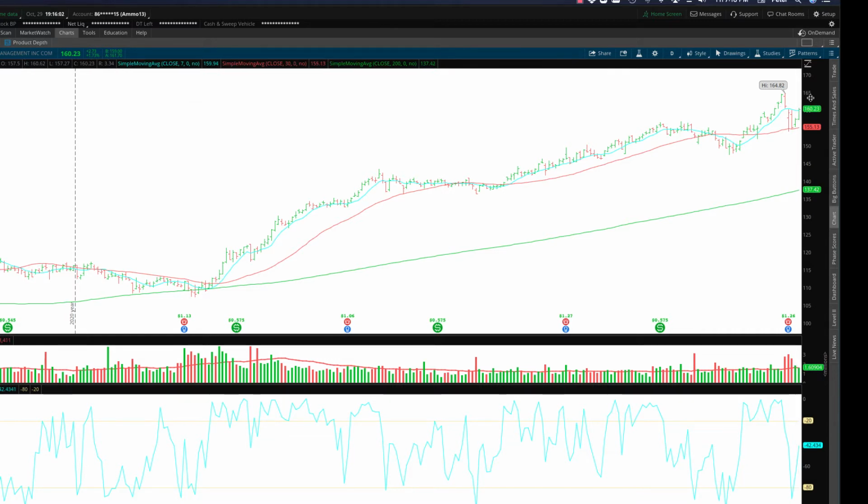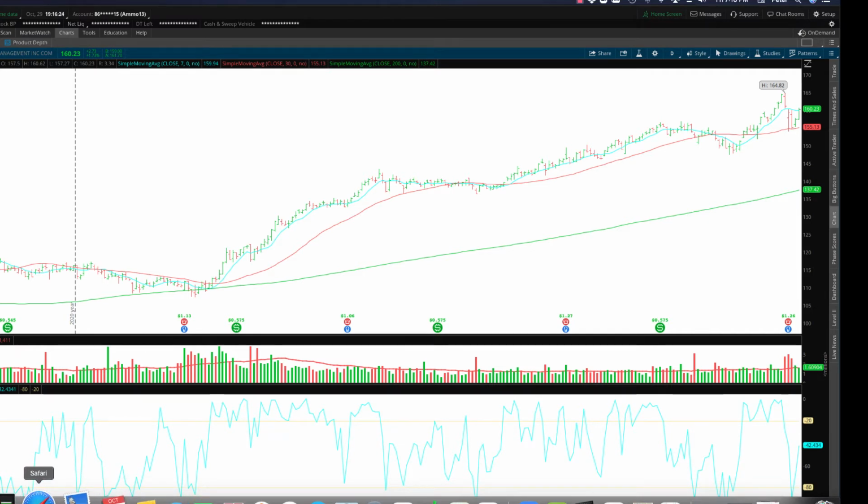If Monday is a close above the 7-day, you could theoretically get into this trade all over again. So I'm kind of thinking that's what it might do. We'll see, because it had some pretty good volume yesterday and today to drive the prices back up. So that's pretty much where we're at with our Market Club options.